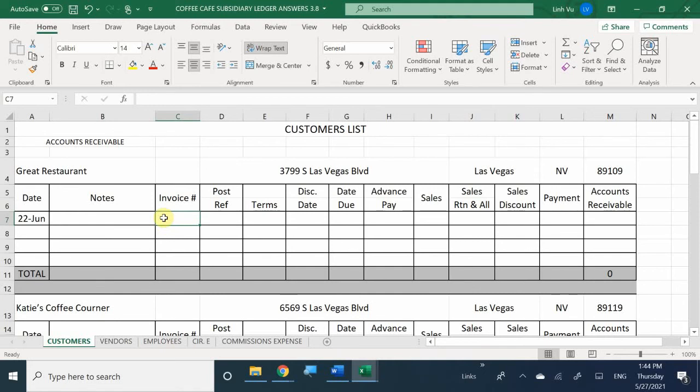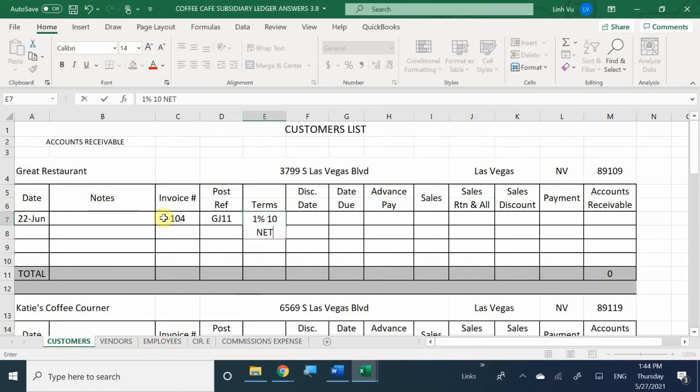Invoice number 104. Post reference General Journal 11. The terms we gave him were 1%, 10, net 20.